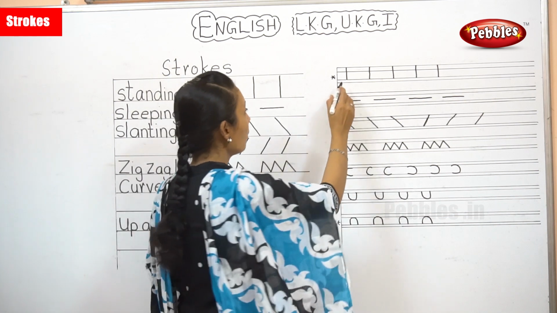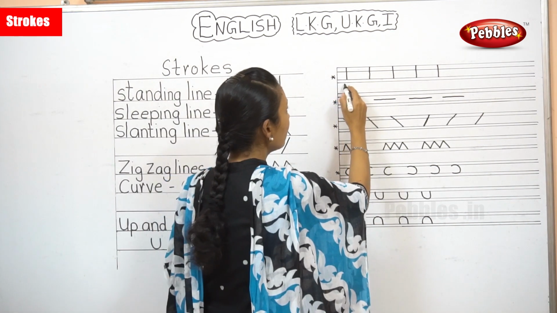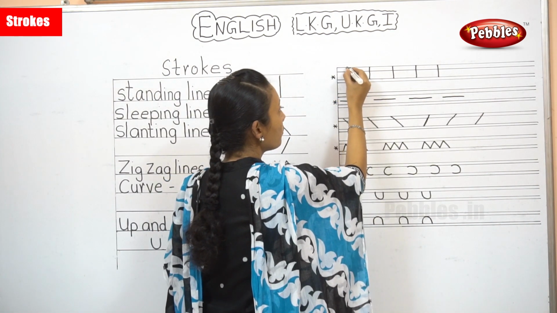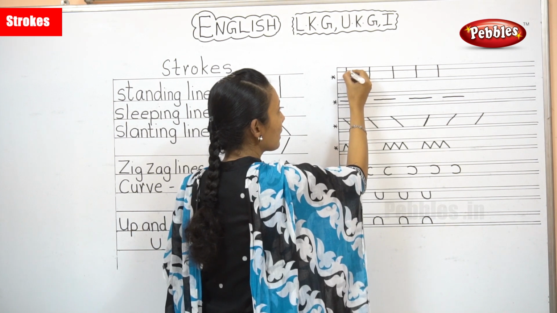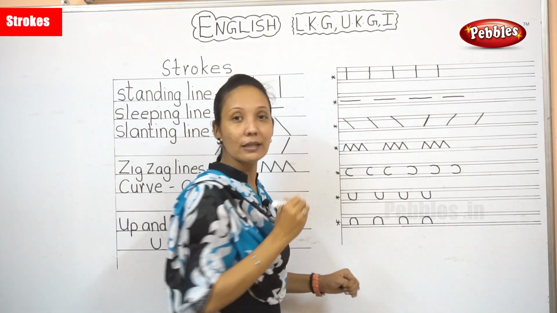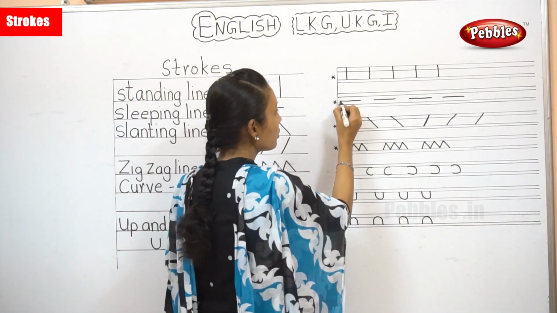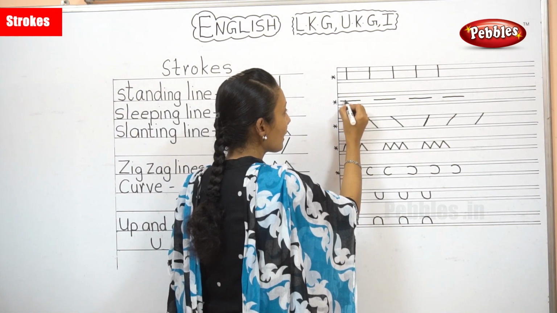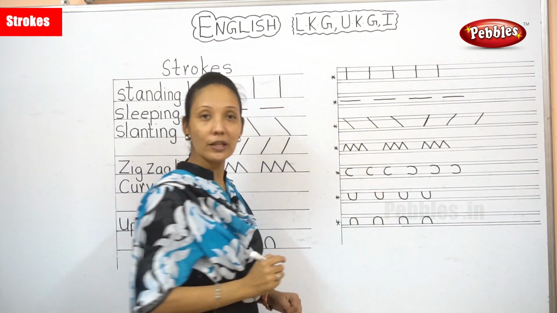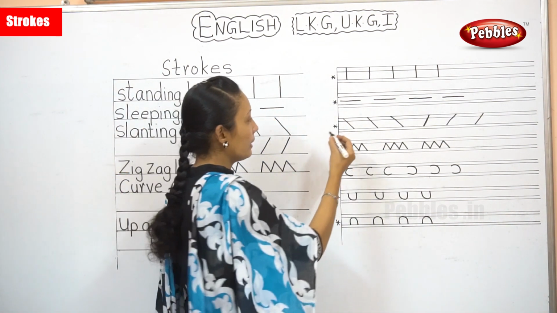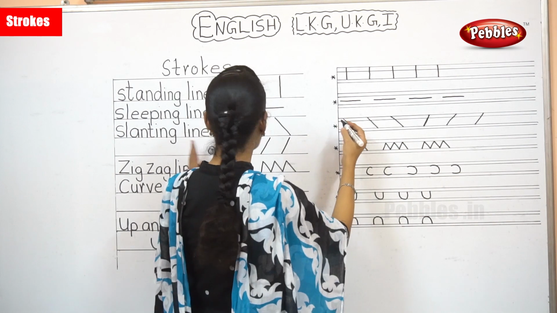Okay, now your standing line, start from your first line and come down to your third line, that is your standing line. Your sleeping line should be drawn between the second and the third line, that is called sleeping line. Now your slanting line.